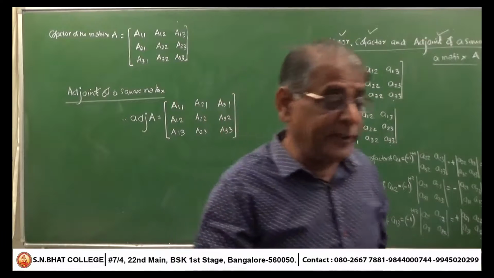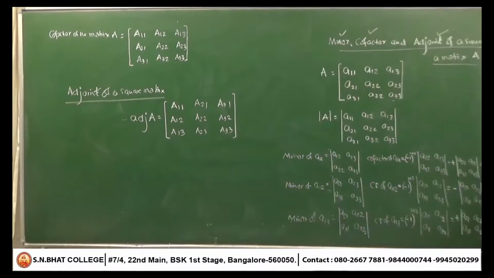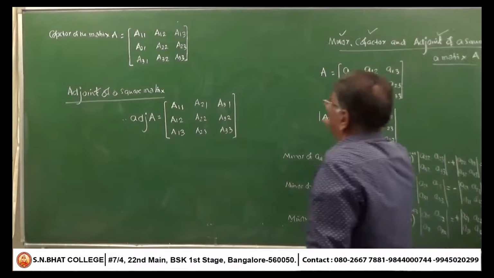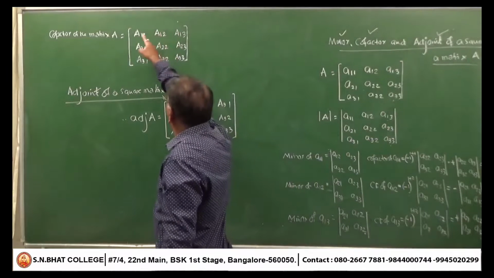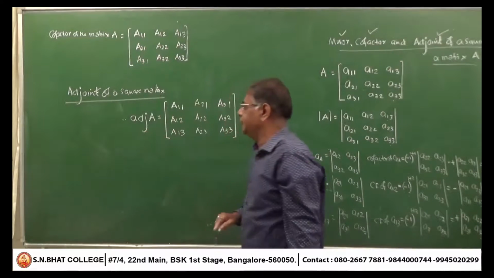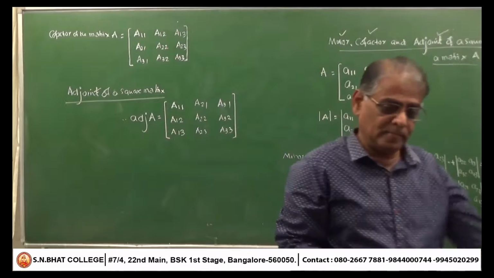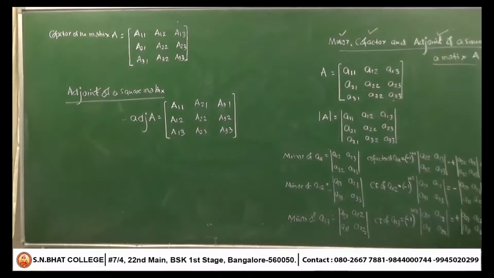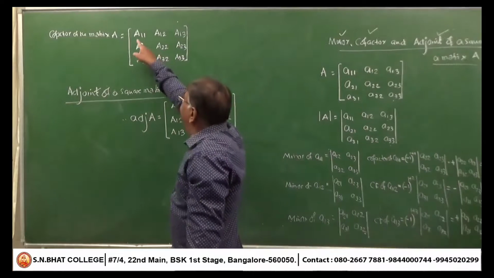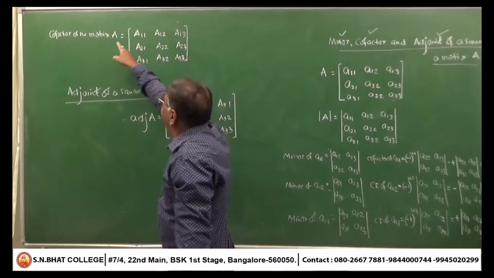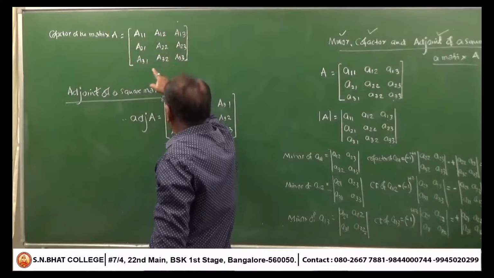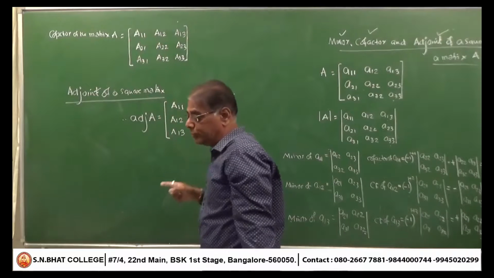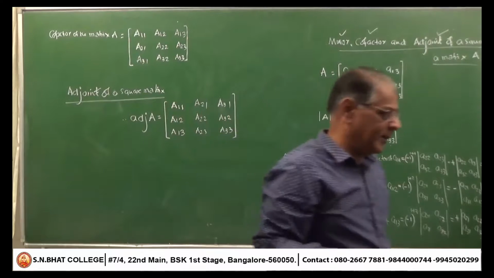This is the formula to find the adjoint of a square matrix. First find the cofactors of all the 9 elements, write the cofactor matrix of A, then interchange the rows and columns, and you get the adjoint of a square matrix.